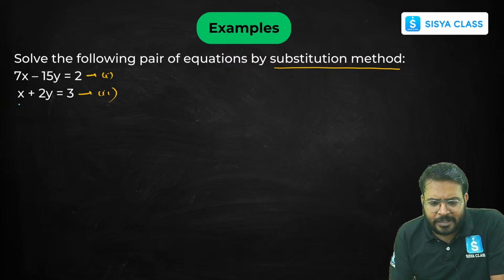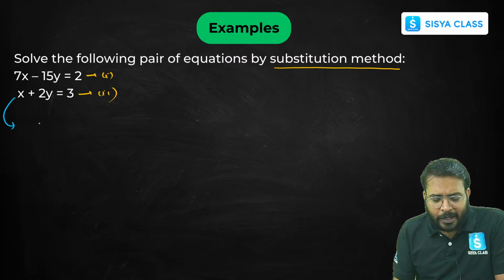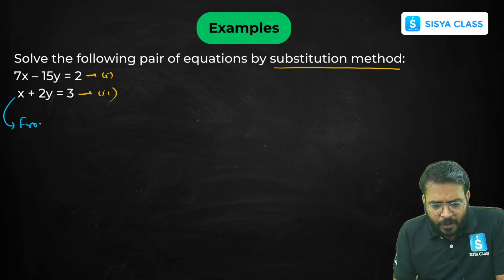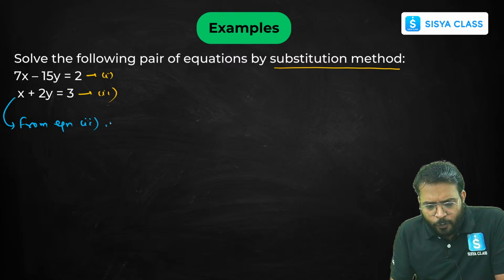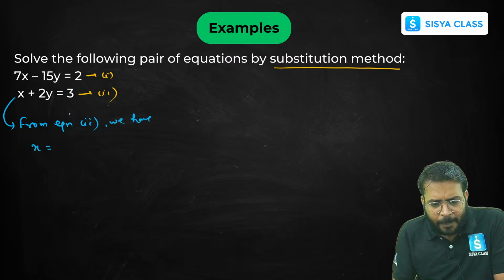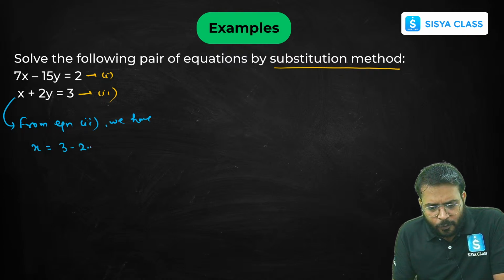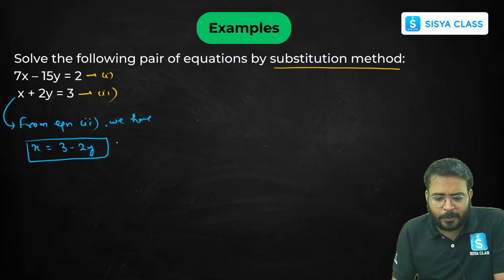I am choosing my second equation, and from the second equation we have x equal to 3 minus 2y. Yes or no? We get one value, that is x equals 3 minus 2y. Suppose this is my equation 3.